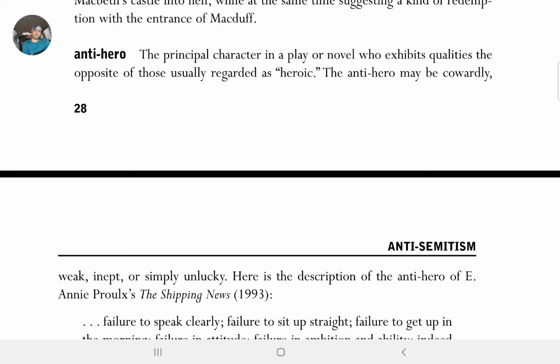The character could be in a play or in a novel. The anti-hero may be cowardly, weak, inept, or simply unlucky. So four or five factors may be there: cowardly, weak, inept, or simply unlucky.